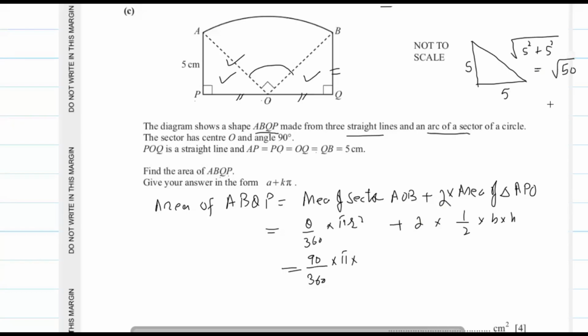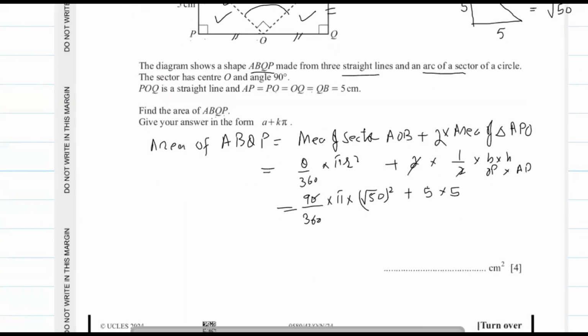And we can write this value here is square root 50 whole square will be the radius, and next 2 into 1 over 2 this become 1, and base here is OP length. This OP length and height is AP, therefore we write OP is 5 into 5, and we can write this value here is 90 over 360 is 1 over 4.